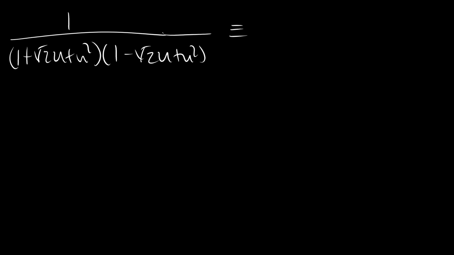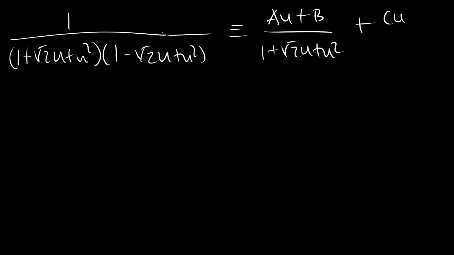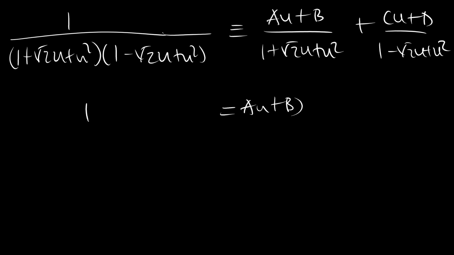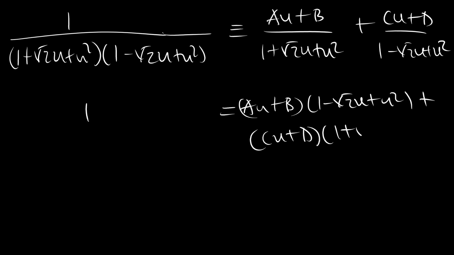So we could just say this is the same as au plus b over 1 plus root 2 u plus u squared, plus cu plus d over 1 minus root 2 u plus u squared. Okay, so that 1 is equivalent to au plus b times 1 minus root 2 u plus u squared, plus cu plus d times 1 plus root 2 u plus u squared.